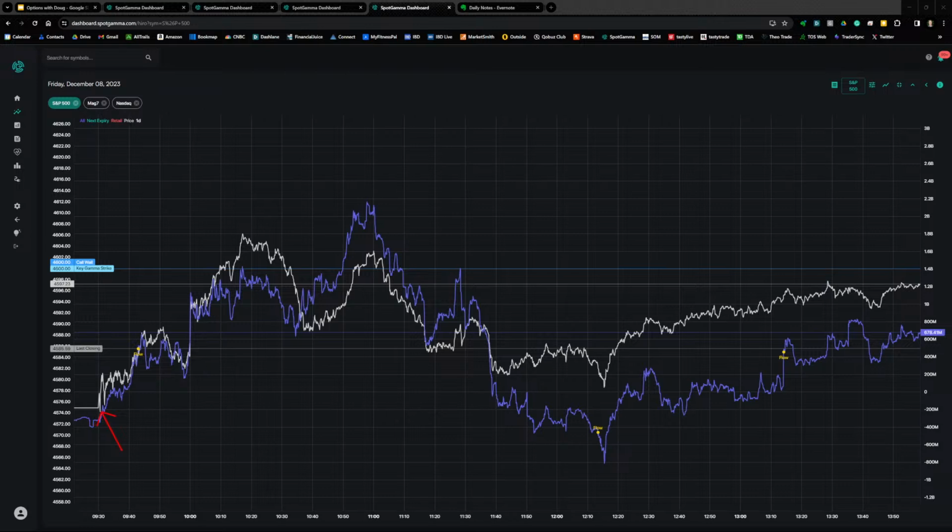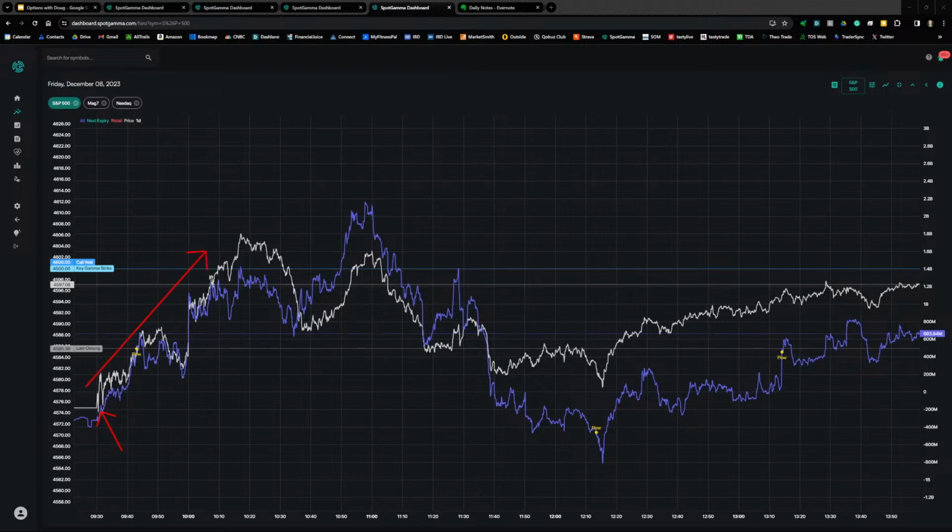And note from the cash open, purple line rising indicates traders are taking positive delta positions. And note here's the 4,600 call wall for SPX. So that was definitely leading to a very bullish setup from the open. We'll take a look at Bookmap in just a minute.